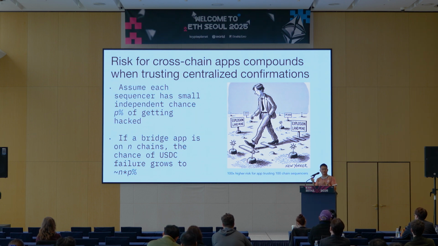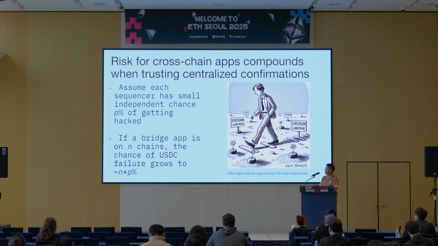Some are liquidity based, some are like a multi-sig, but if you want to move assets from, say, Arbitrum One to Optimism, what you're doing is locking your assets on the first chain, the source chain, and then a message is sent from the source chain to the destination chain that tells it, okay, these assets are locked, you can mint them on the second chain. So the reliability of that message is very important. The destination chain needs to know that the transaction on the source chain that locked your assets is completely final, it can't be reverted, and you also want it to be very fast.